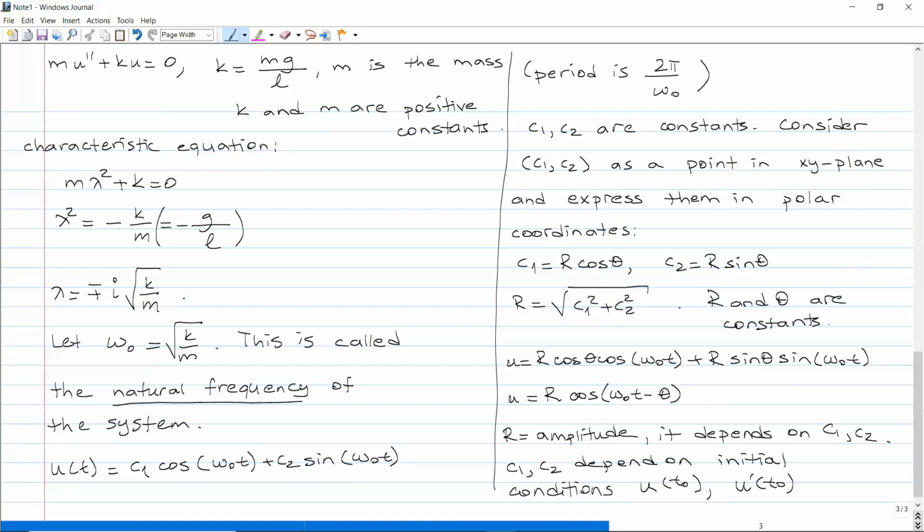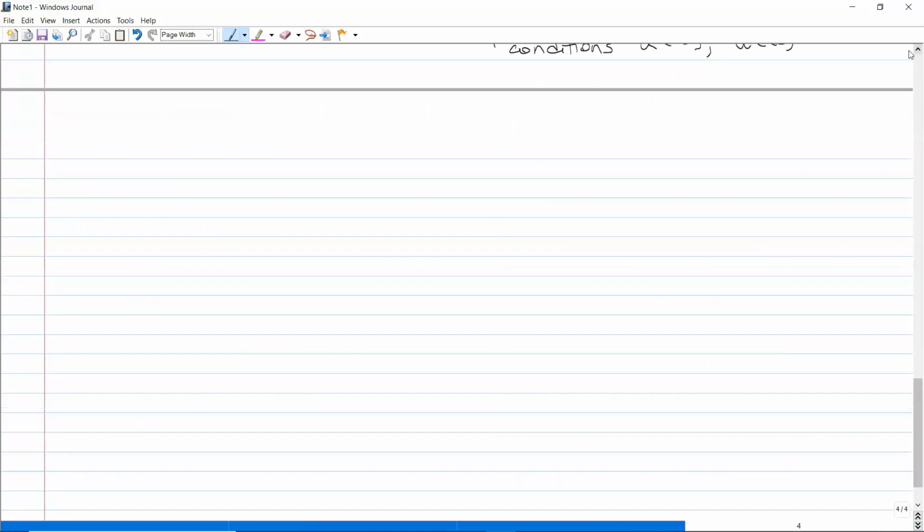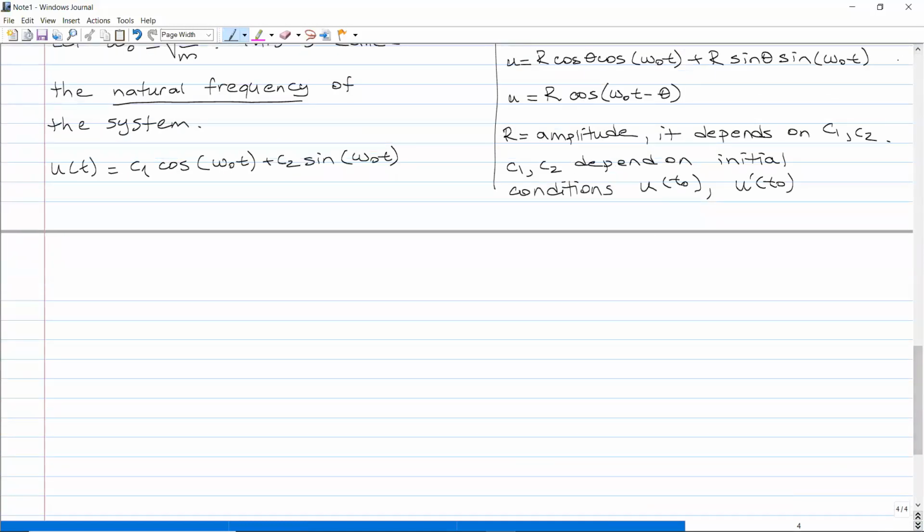Now, period, as I said, is 2 pi over omega 0. Some more names. Okay, this angle theta is called the phase.